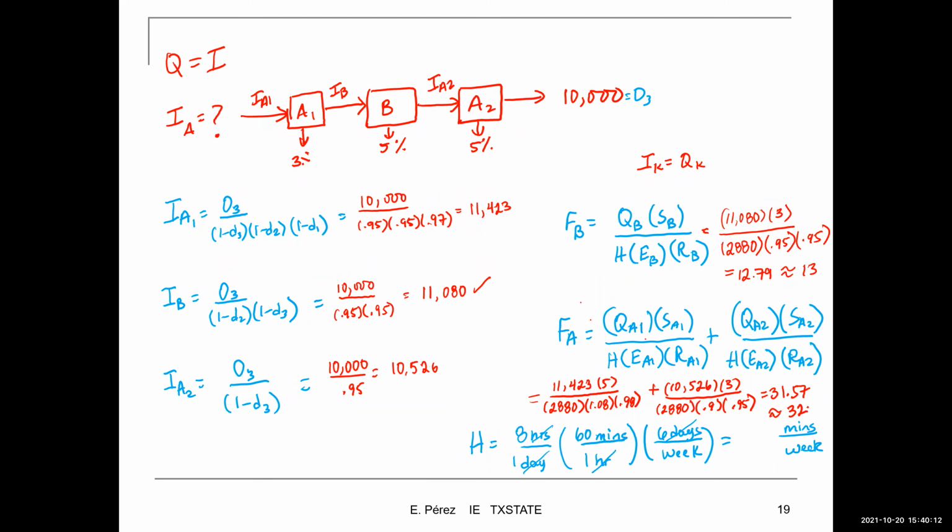Okay, any questions? Yes. For when you compute FA separately, is that what you're referring to? Oh, okay, I got you.